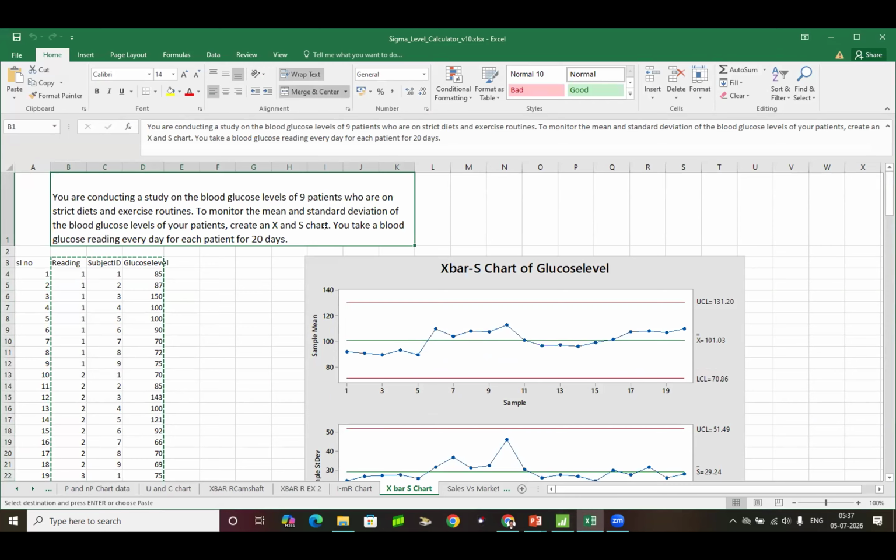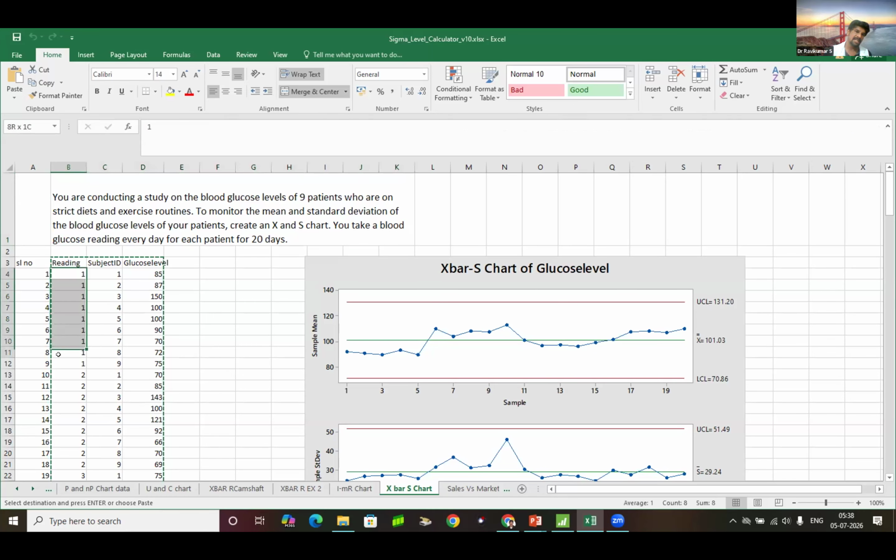They are provided proper diet, exercises, routine, and lifestyle. So the hospital wants to monitor them. Every day they are collecting the blood samples of the 9 people, for 20 days.